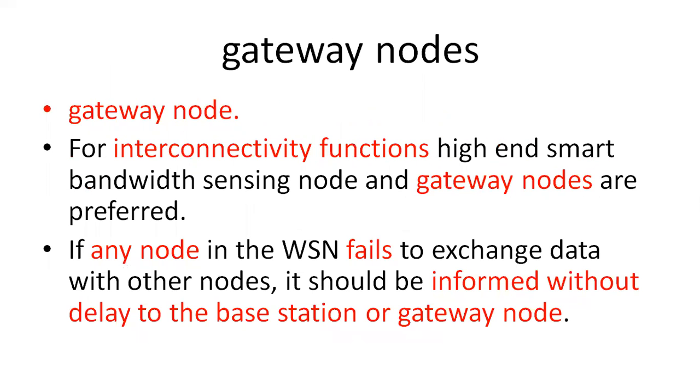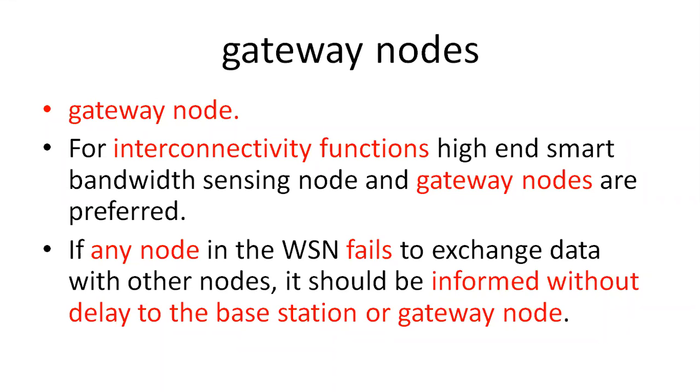Coming to the last and final one, the gateway node. For interconnectivity functions, high-end smart bandwidth sensing nodes and gateway nodes are preferred. If any node in a wireless sensor network fails to exchange data with other nodes, this should be informed without delay to the base station or gateway node.